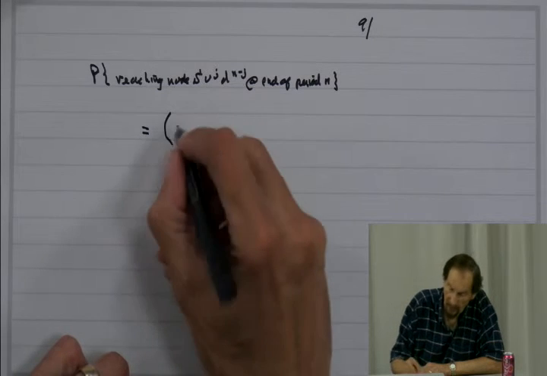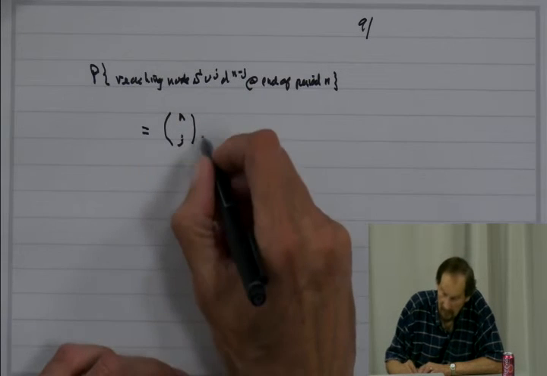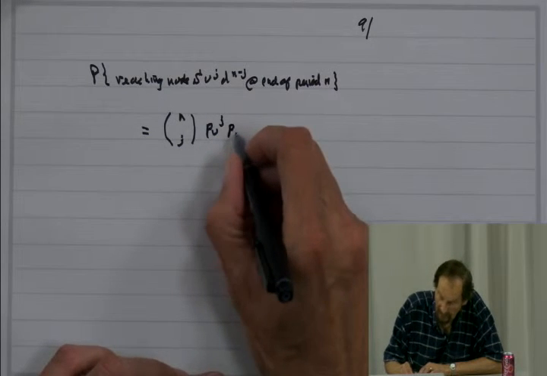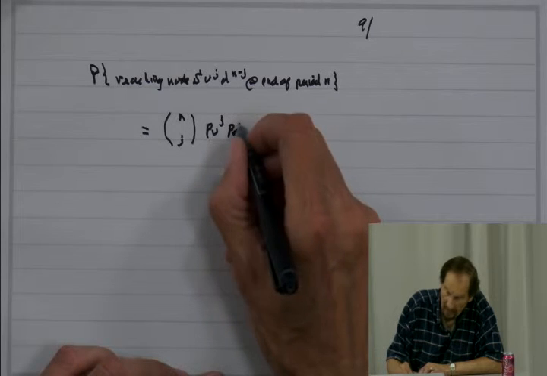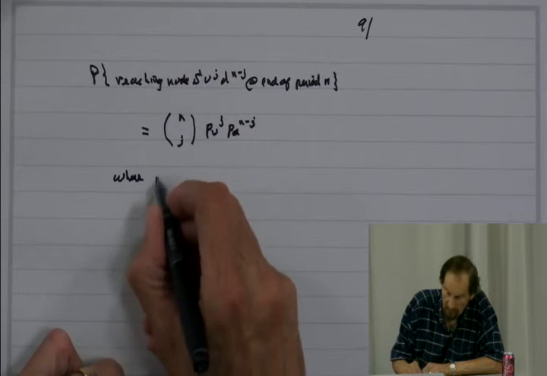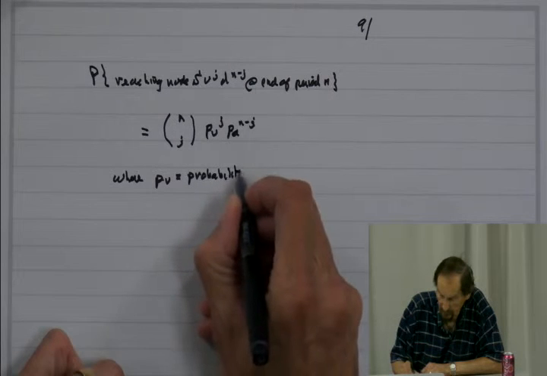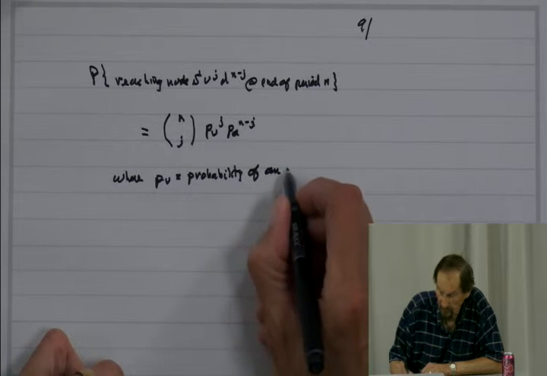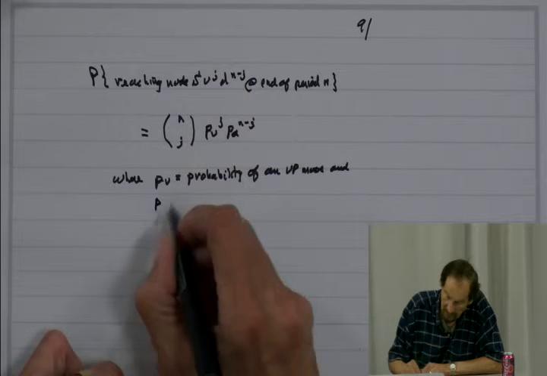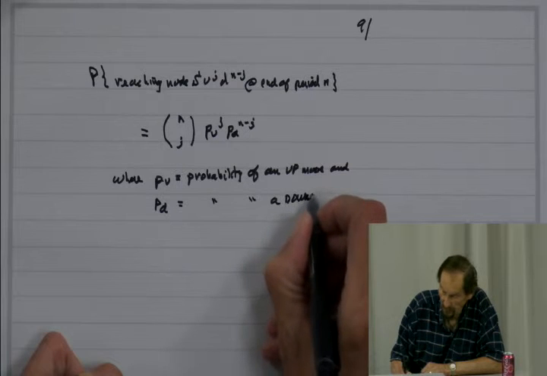It equals the number of combinations, ways you can take j things out of n things, times the probability that you go up j times, times the probability that you go down n minus j times, where Pu equals the probability of an up move and Pd equals the probability of a down move.